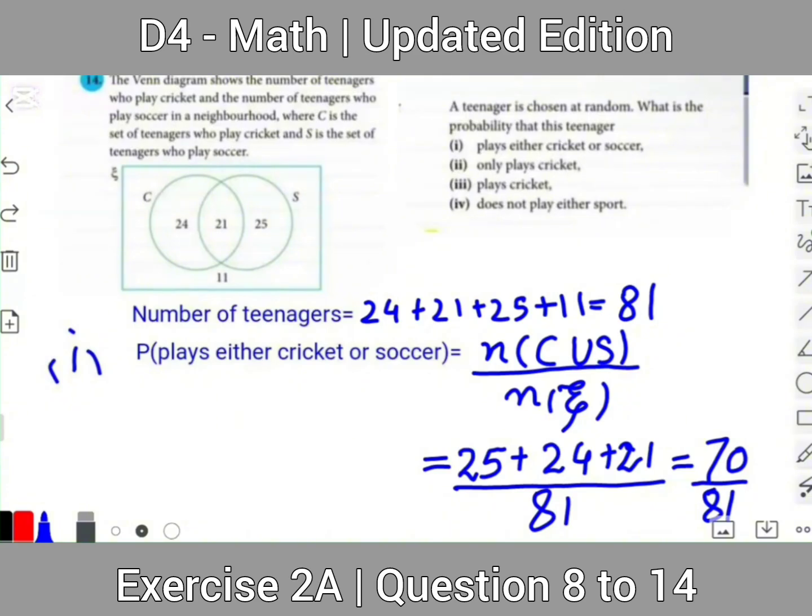And it will be divided by the total number of possible outcomes. So we put in the number of teenagers who play soccer plus the number of teenagers who play cricket plus the number who play both, divided by the total number of teenagers. So it will be equal to 70/81.